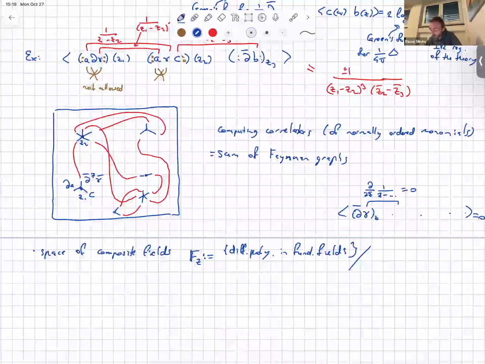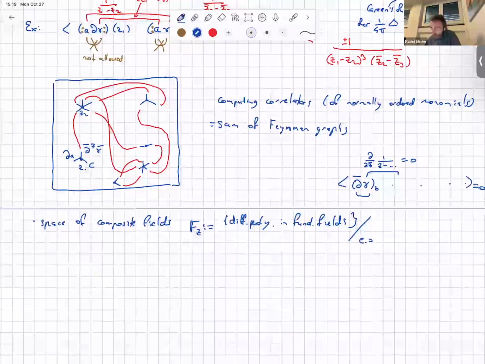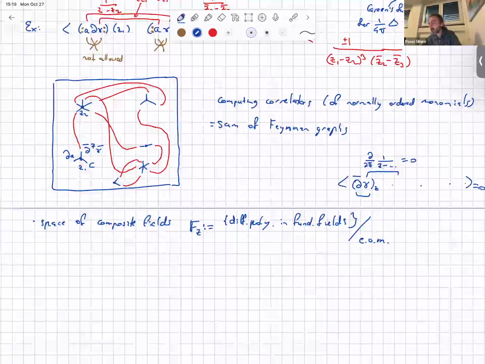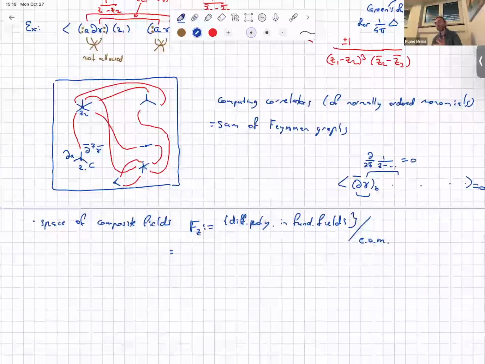It's related to the fact that del bar gamma equals 0 was a classical equation of motion. So here I want to just quotient by things that vanish by classical equations of motion. There could be some subtleties here in a quantum theory. There could be quantum corrections to the classical equations of motion, for example. But in this free theory, there are no corrections.